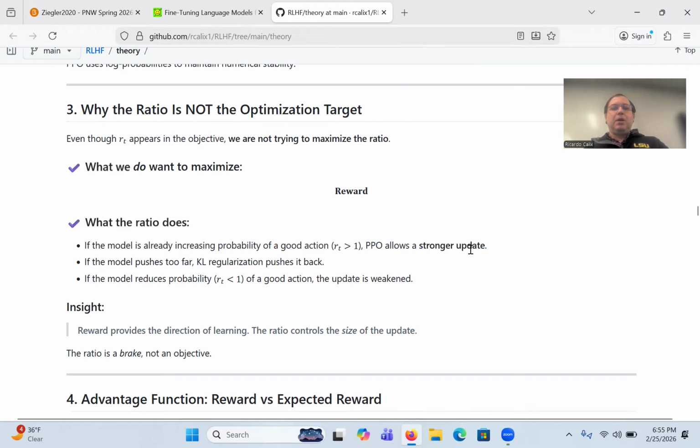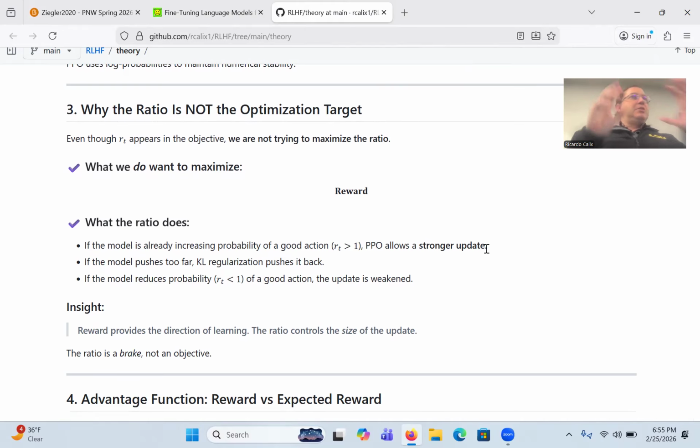So PPO allows a stronger update. So it's like I was getting a reward minus the average, then I have just the increment from the average, and then now I say, okay, the model is 1.1, so I bump that value a little bit more. Do you see that? And if you're maximizing that helps. It's like you're saying, do that.